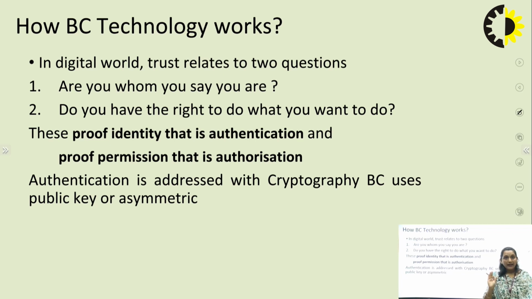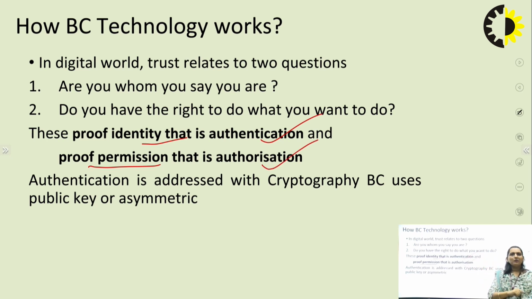I am who I am. And the second question is, do I have the right to do it, using proof of permission. These are the two problems solved by blockchain technology in this scenario: the authentication problem and the authorization problem.